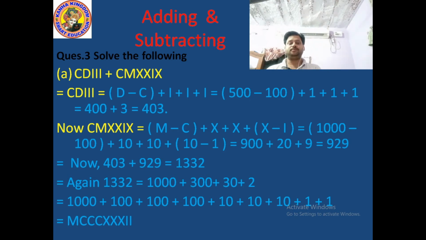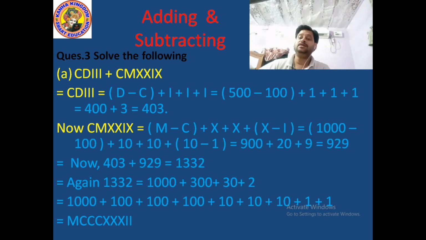So the first one, part A: CDIII plus CMXXIX. This is the first part. First you convert these Roman numbers into Hindu-Arabic. The first part is CDIII.